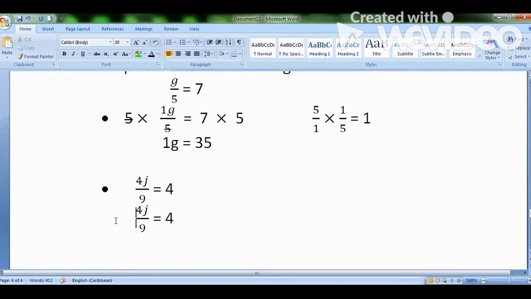I put 9 over 4J equals 4. It wouldn't be. So you say multiply both sides by 9. Yeah, you would do that. You just multiply both sides by 9.